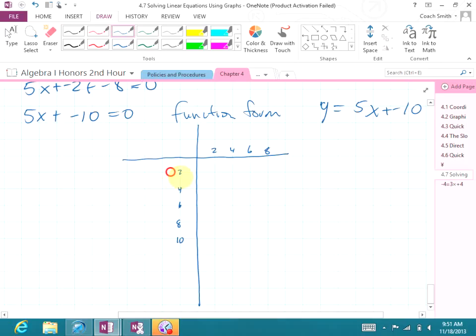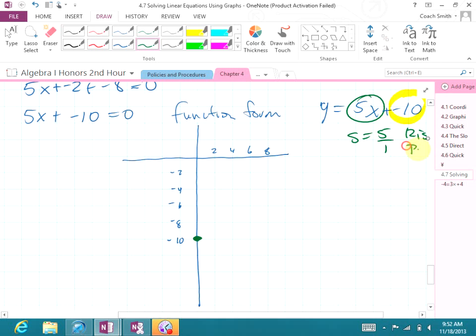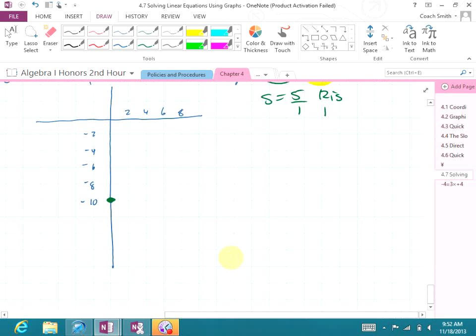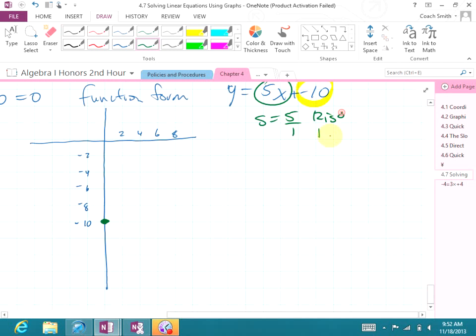Okay, those are obviously negative going down. Okay, and so my y-intercept is negative 10. So I go down here on negative 10, put my y-intercept. My slope is 5 over 1, which once again is rise over run.